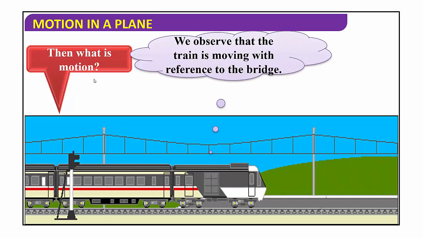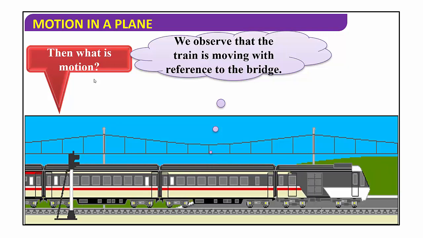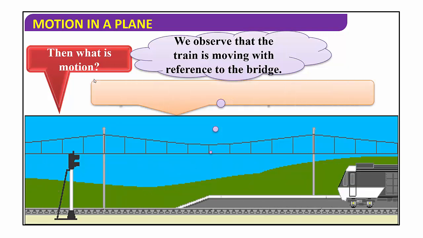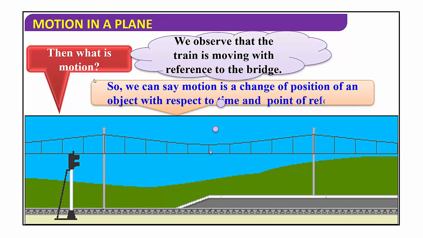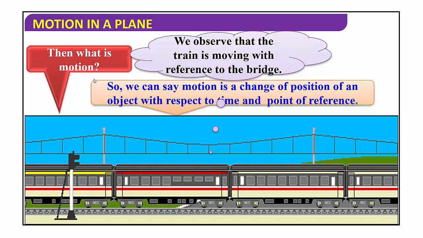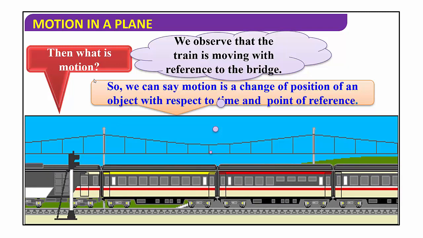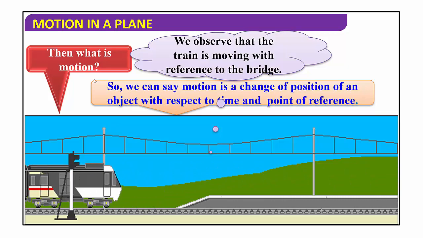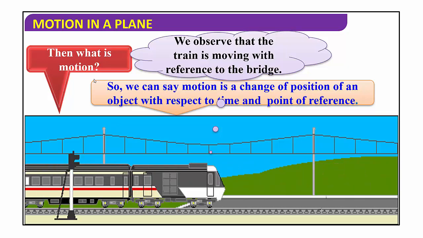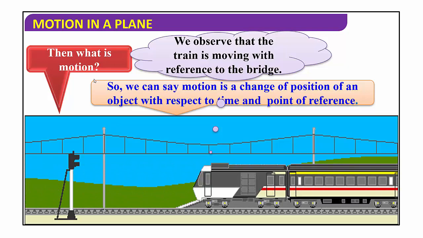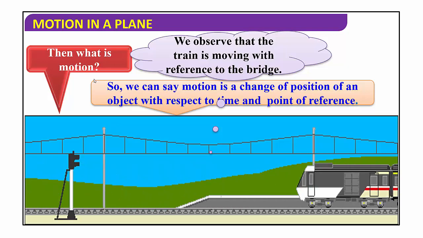The train is moving with reference to the bridge, right? So we can say that motion means change of position of an object with respect to time and point of reference. Motion of the object is change in the position of an object with respect to time and point of reference. This is called motion.